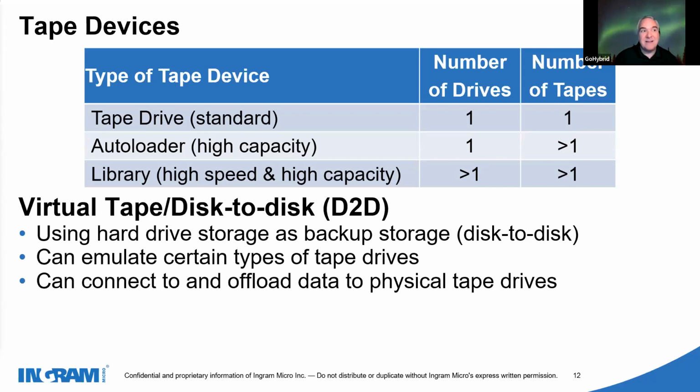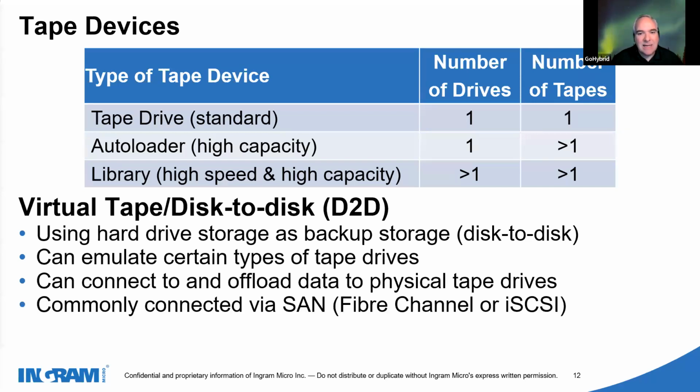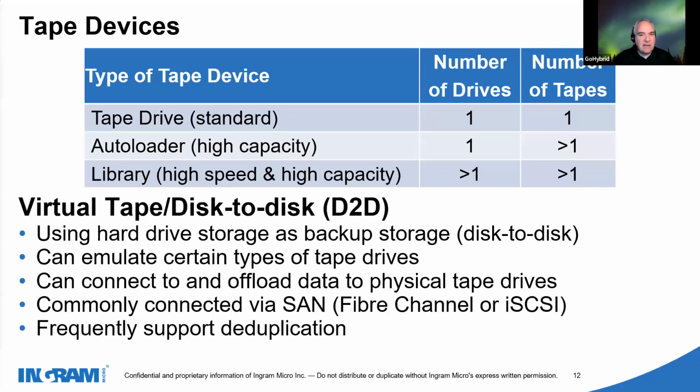Accidentally delete something, you want the older version of something back. If you have a virtual tape in-house, it's easy to pull data off of that. Virtual tape is commonly connected via SAN. It's usually a fiber channel or an iSCSI device, and they frequently support deduplication too.